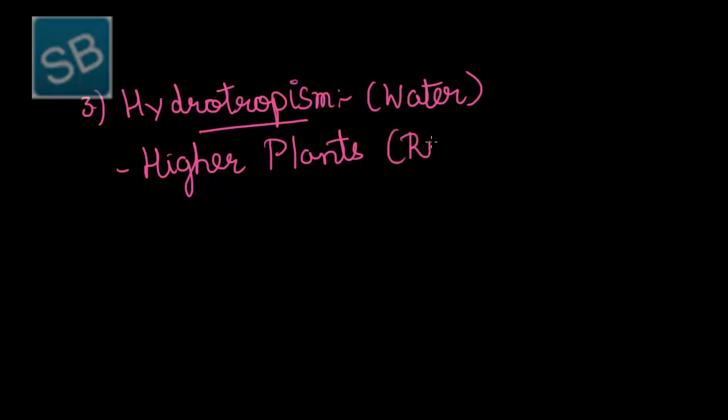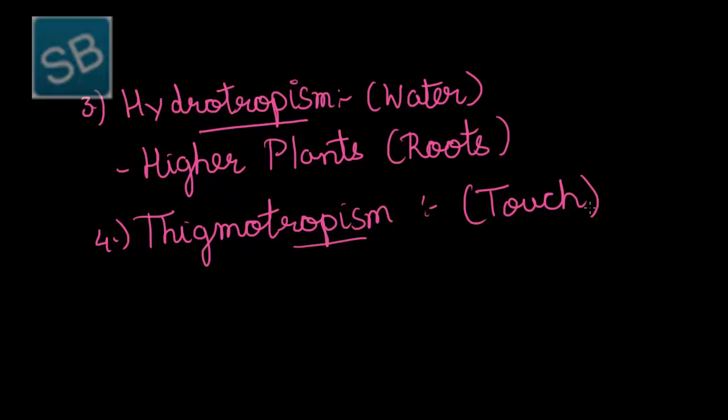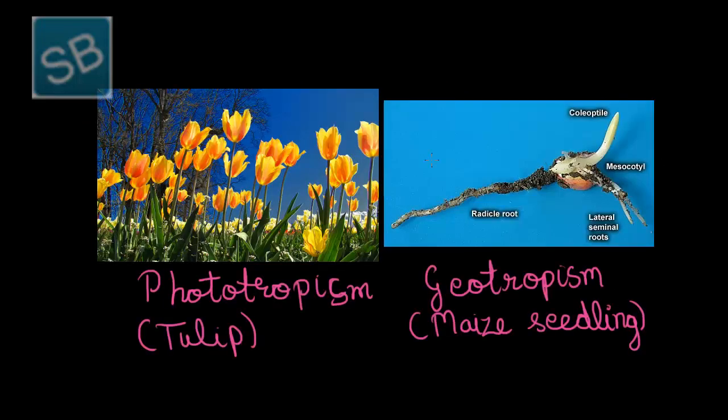The fourth type of tropism movement is thigmotropism. That is, the tropic movement which is caused by touch. That is, the stimulus is in the form of touch. This figure depicts the various types of tropism in plants. For example, tulip, which is a phototropic plant, and a geotropic plant, the radicle of a maize seedling.